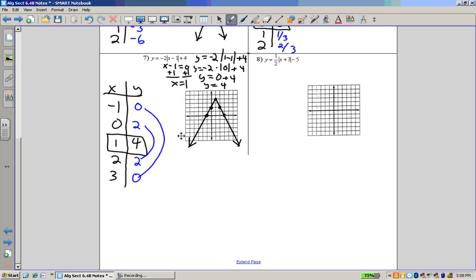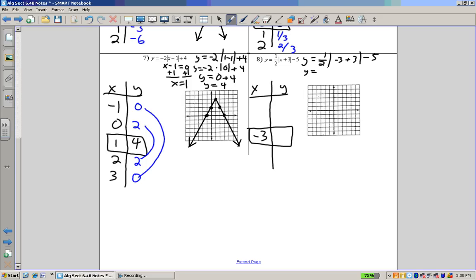Okay, let's see how you did. We're going to set the x plus 3 equal to 0 to find the x-coordinate of the vertex. x equals negative 3. Now we're going to plug in the negative 3 and see what happens. y equals 1/2 times the absolute value of negative 3 plus 3, minus 5.